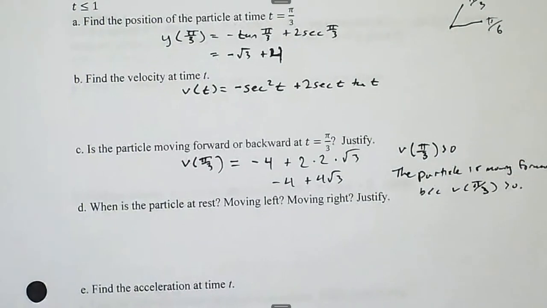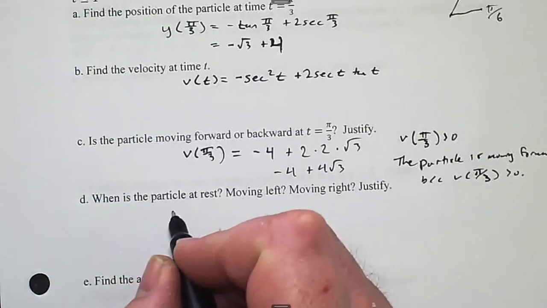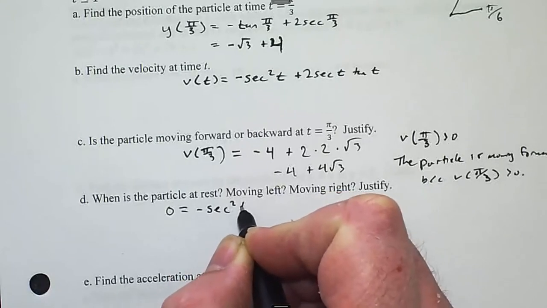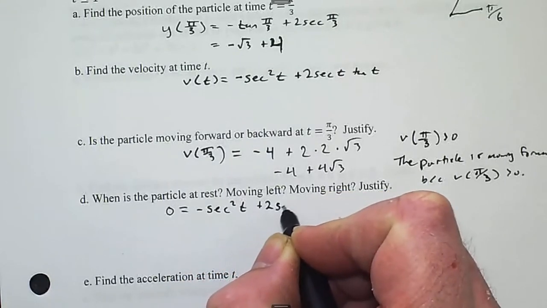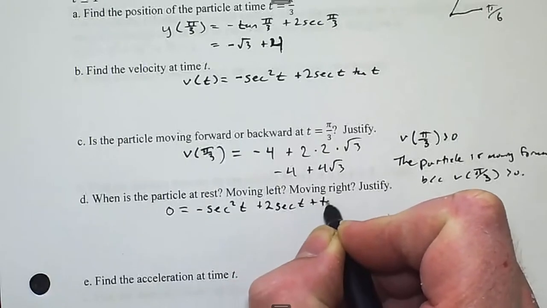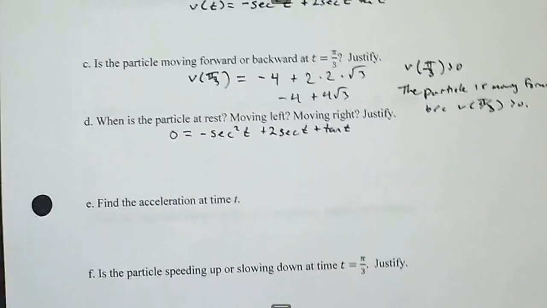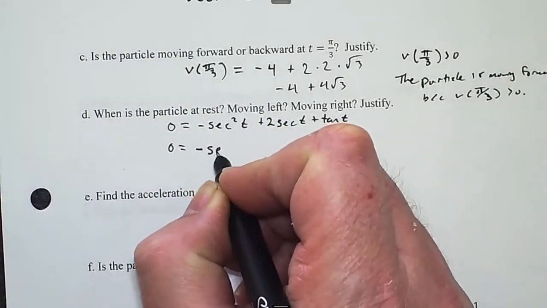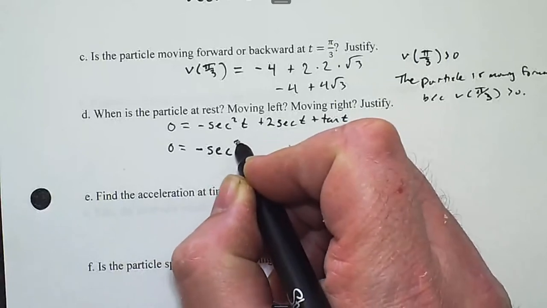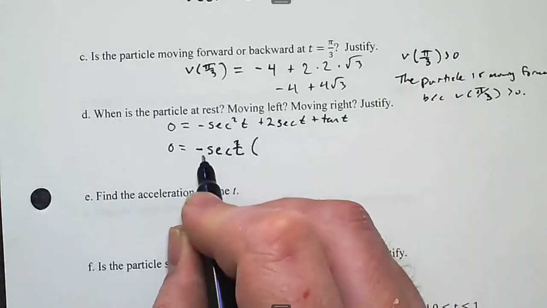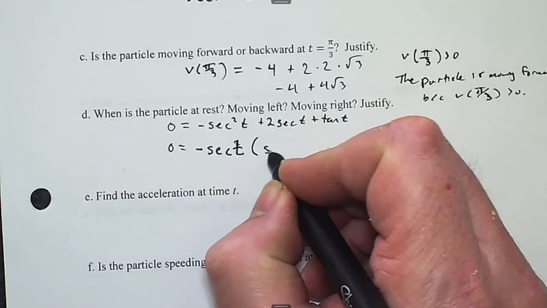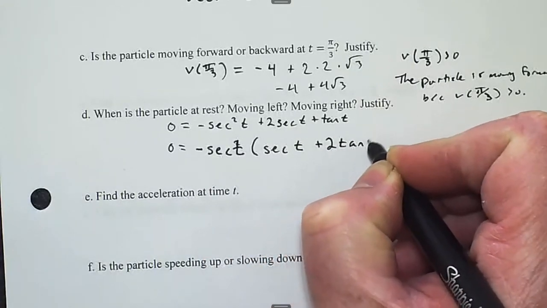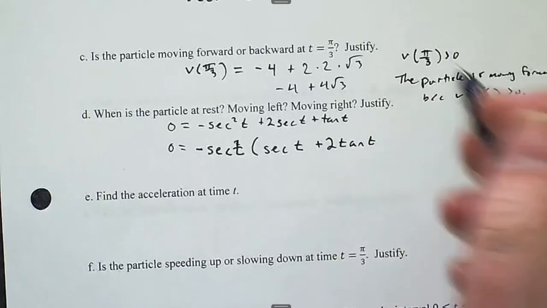When is the particle at rest, moving left or moving right? I simply solved the velocity equation equal to 0. And this is not that hard an equation to solve. We just factor out a secant t. I went ahead and factored out a negative because I don't like that negative there.